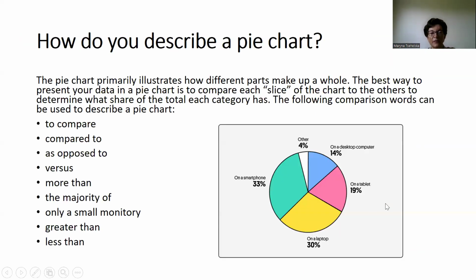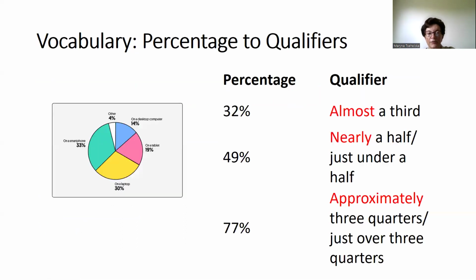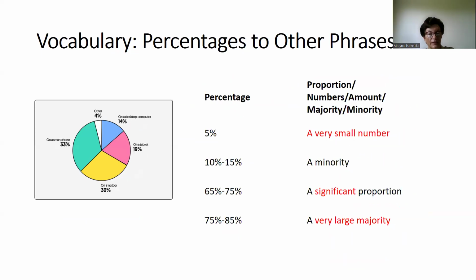For describing this chart, we can use, like we see here, 33% and 30, and we can talk about 1/3. So 19 up to 1/5, 14 up to 1/6, and approximation will really help you here. You see that 32 is almost 1/3, nearly 1/2, approximately 3/4.